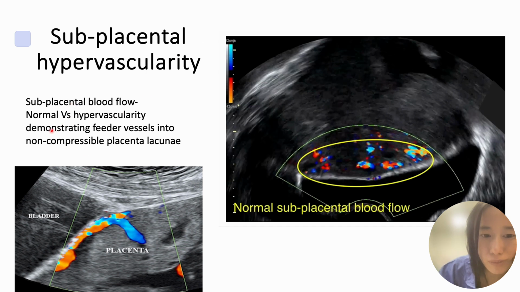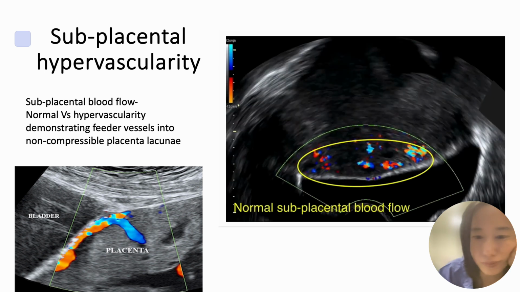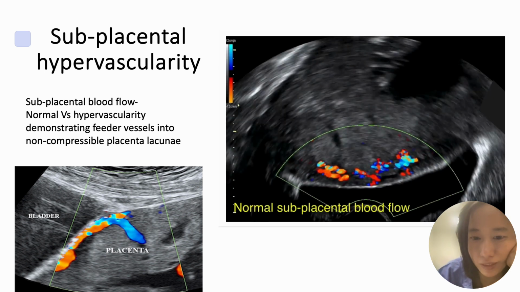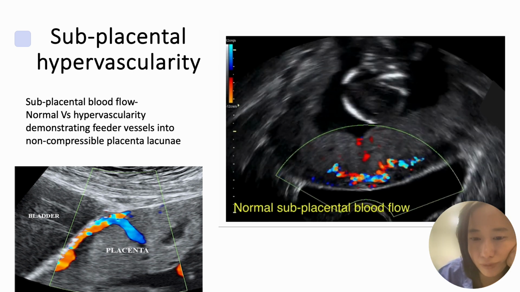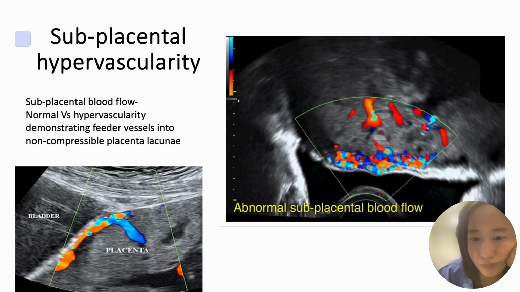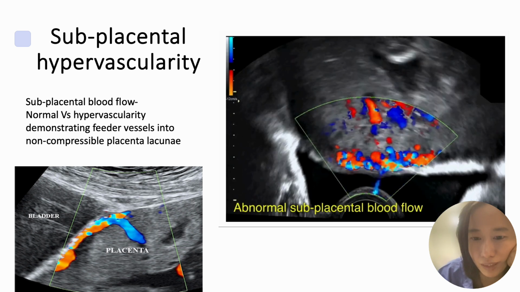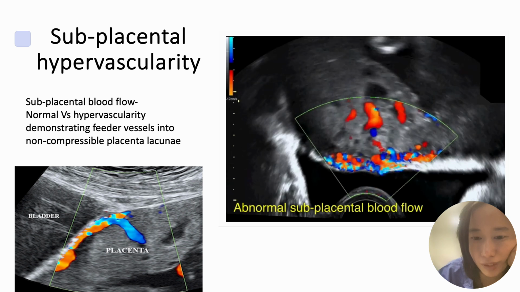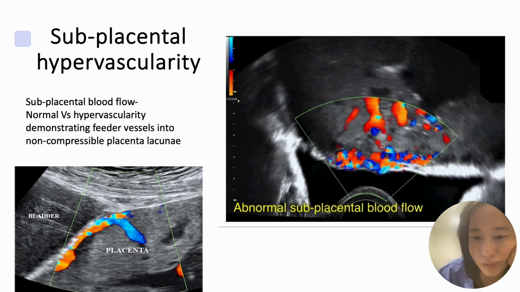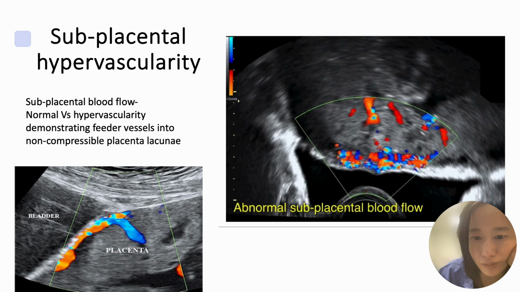Subplacental blood flow normal versus hypervascularity, demonstrating a feeder vessel into the non-compressible placental lacunae. This is normal blood flow, whereas in the abnormal case you have these lacunae and it's really vascular in the retroplacental area. It feeds into the lacunae.